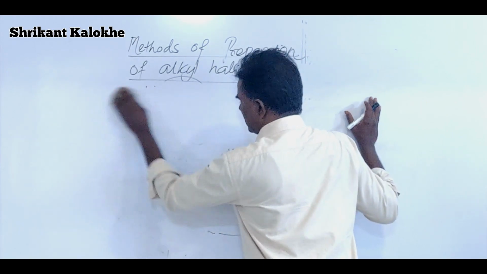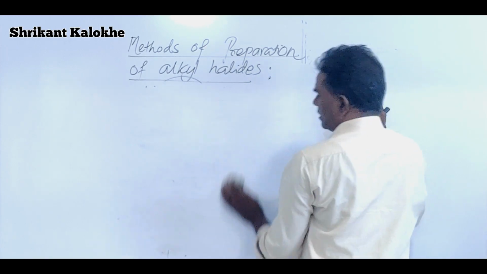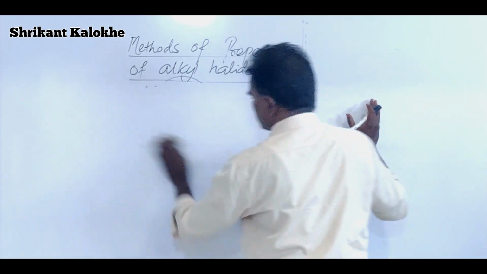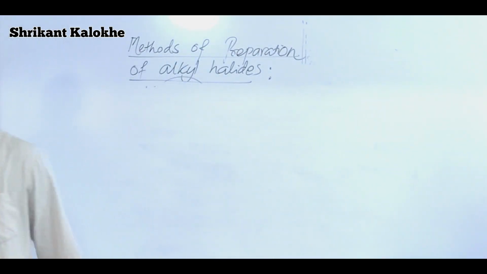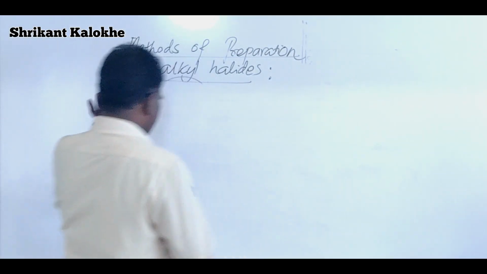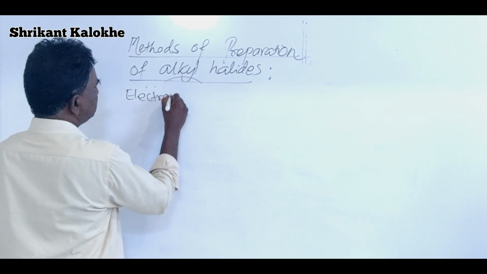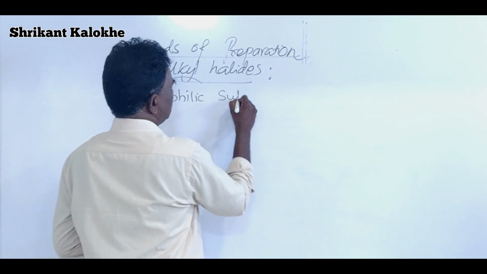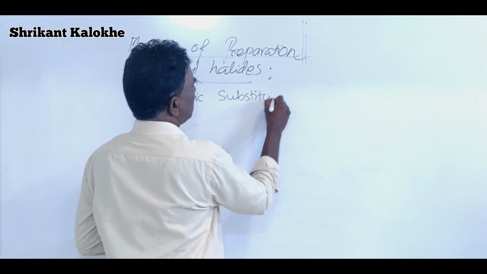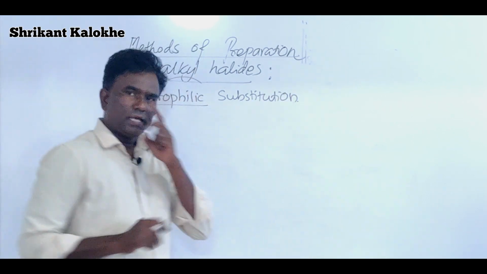So the word electrophile means electron loving, means the species which loves electrons. While discussing electrophilic substitution reaction, we have to understand the term electrophilic.